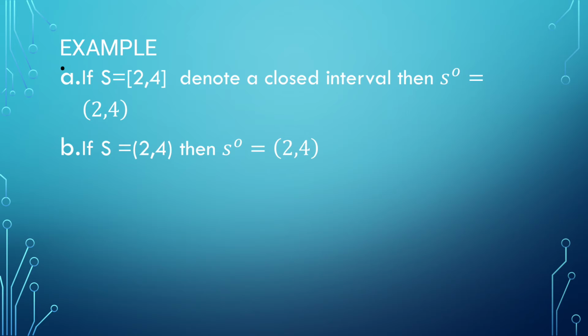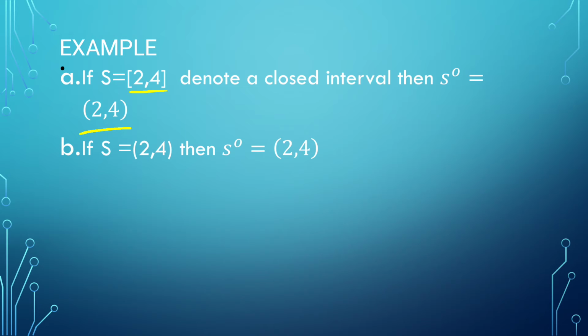Okay, let's look at an example. If S is a subset of R, and it is a closed interval [2, 4], the set of all interior points will be the open set (2, 4).